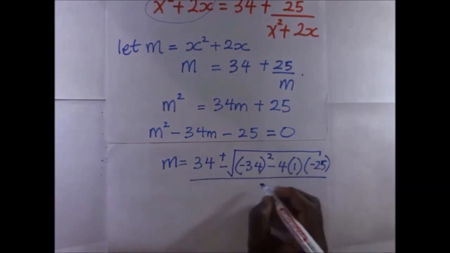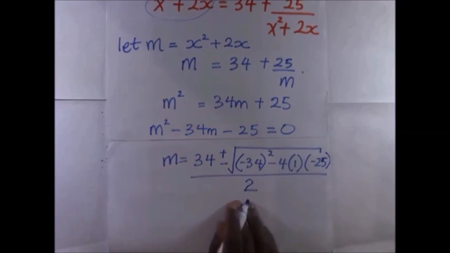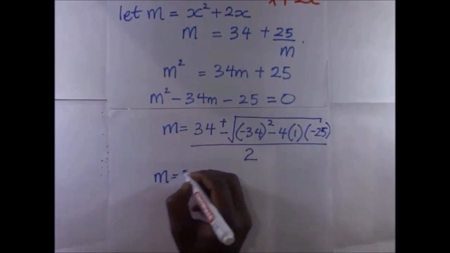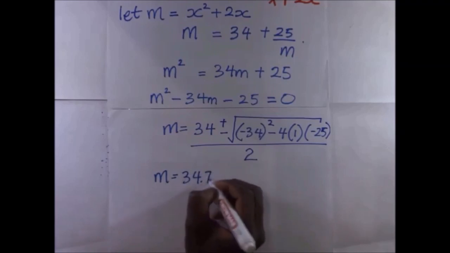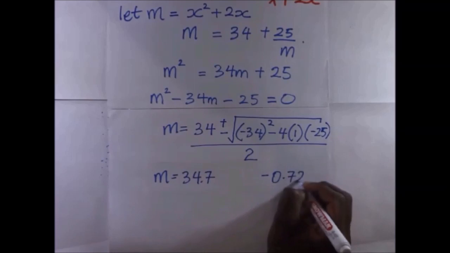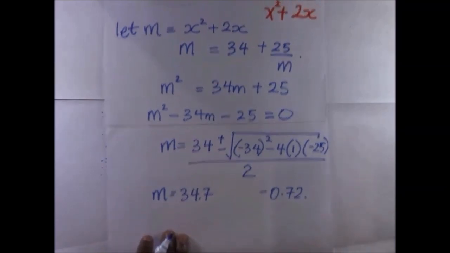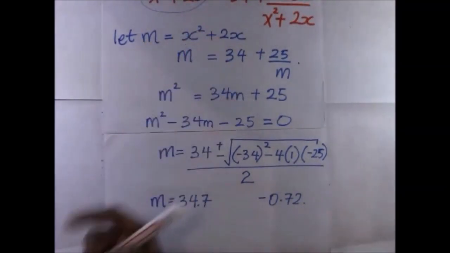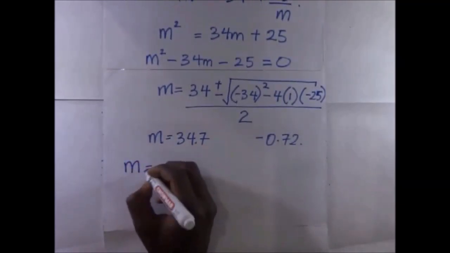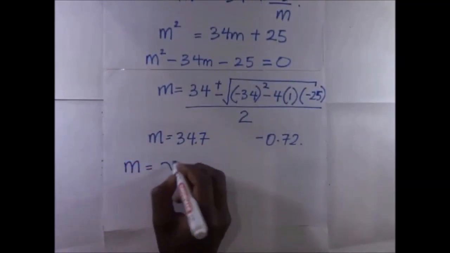All that, divide that by 2. So from here, our value of m is either going to be 34.7 or our value of m is going to be negative 0.72. But now remember, our m is going to be x squared plus 2x. So m is equal to x squared plus 2x.